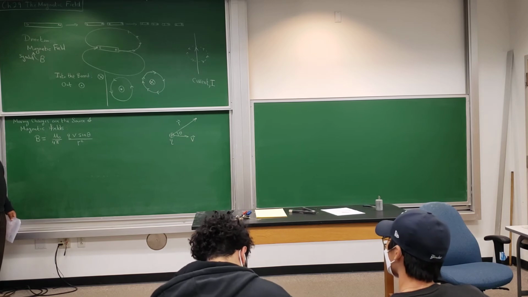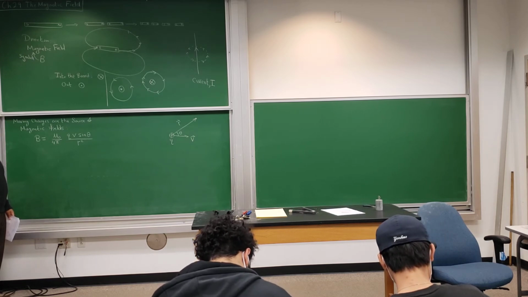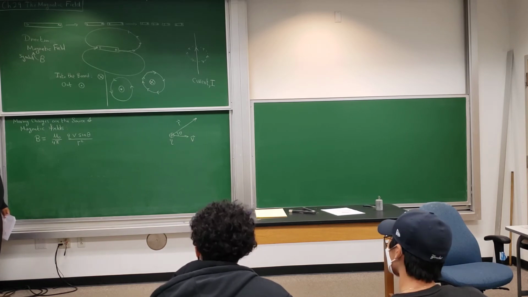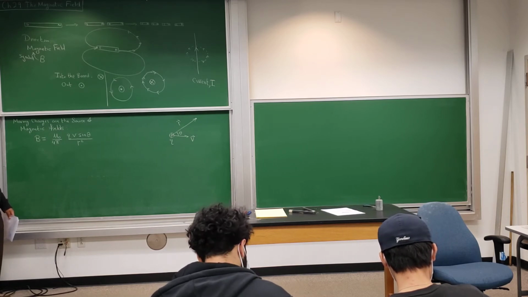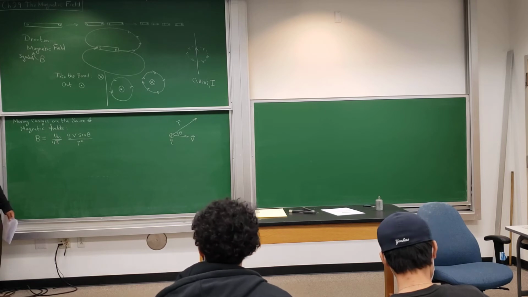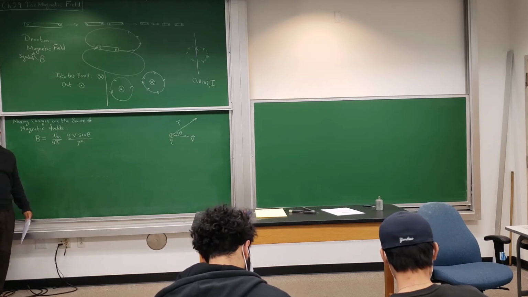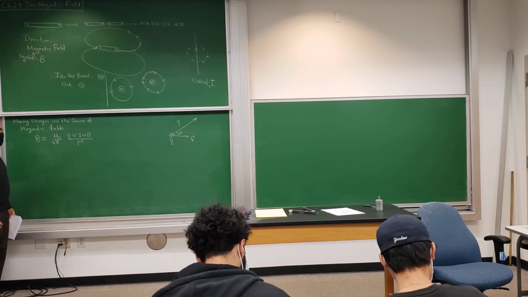This is the magnitude of the magnetic field. The direction is given by the right-hand rule, which we'll discuss in a second.